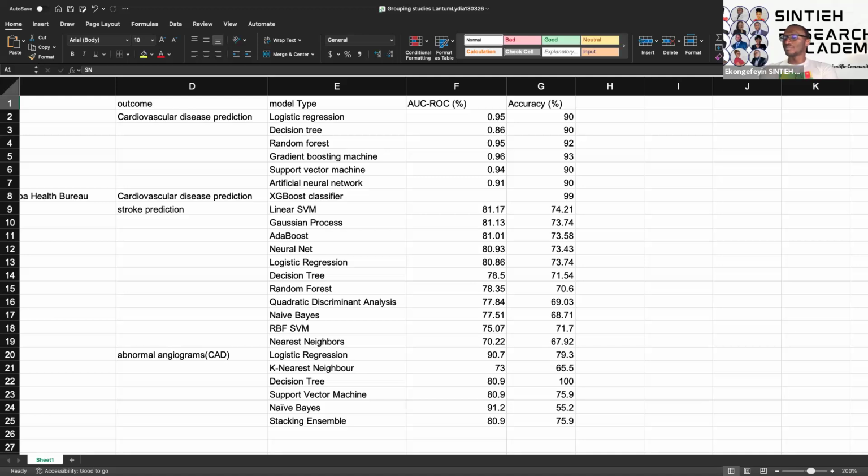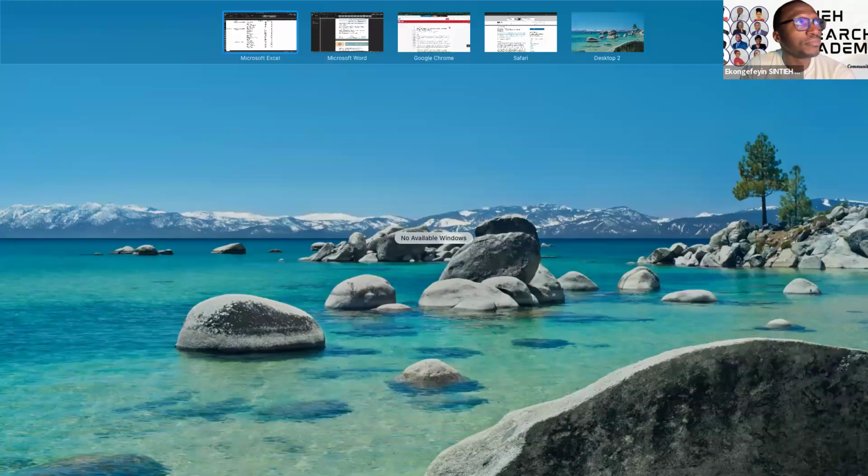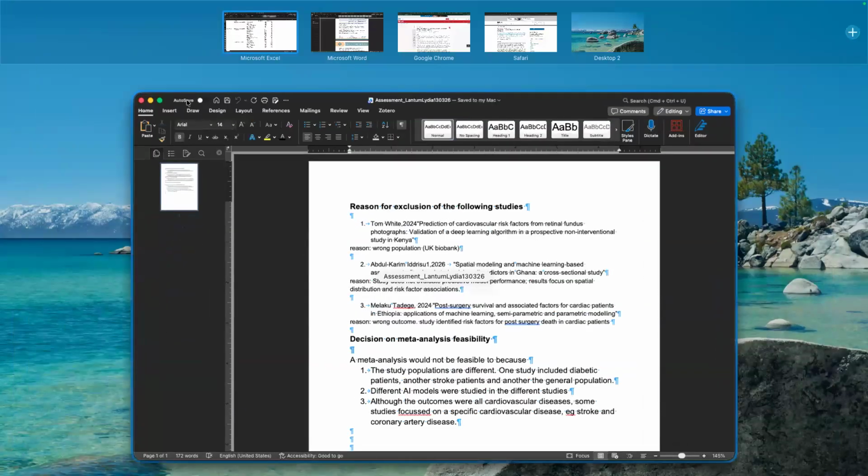The other document I sent had my assessment of whether we could do a meta-analysis on it. According to this table, the outcomes are all cardiovascular diseases, but they were all different somehow, because a stroke patient is different from a patient with coronary artery disease, but they all fall under the same umbrella.